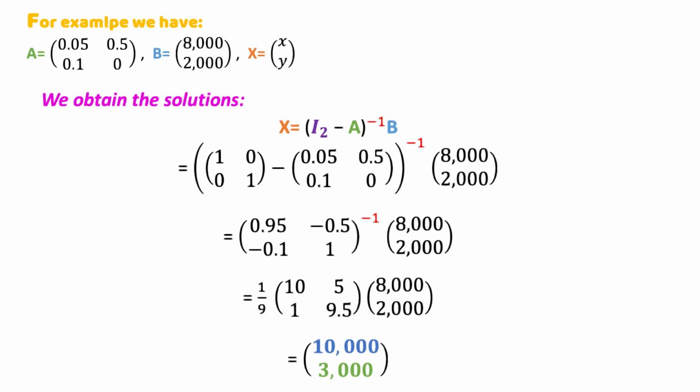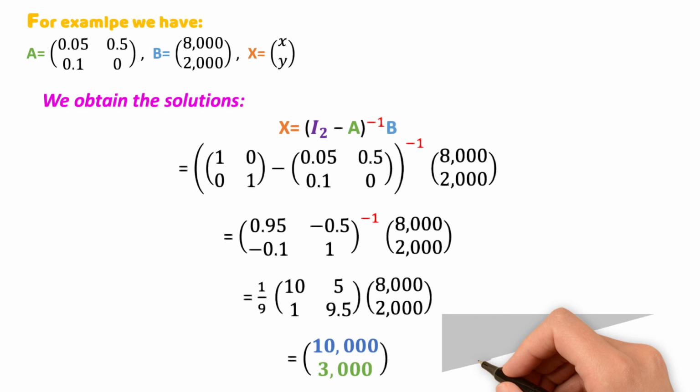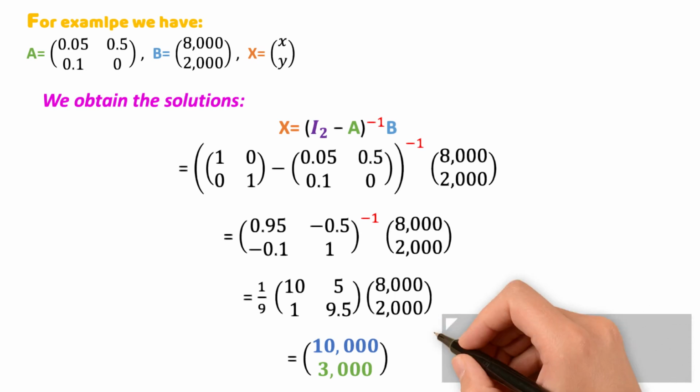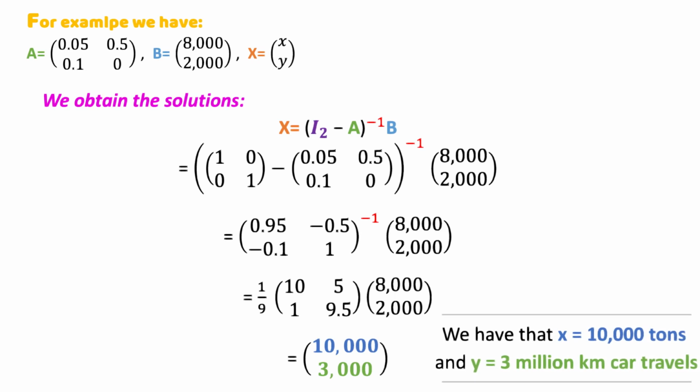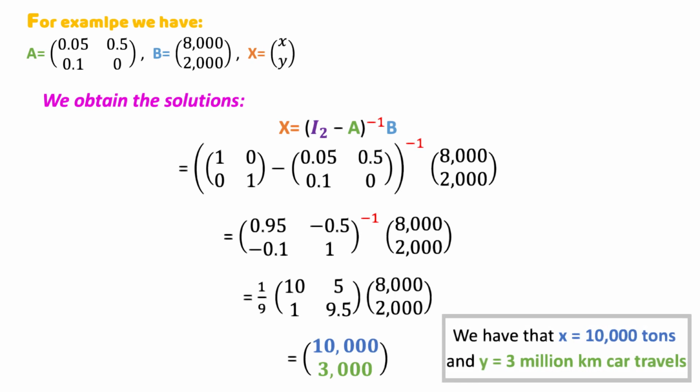That is because, at the beginning, we stated in the equations that it was going to be measured in thousands of kilometers that the car travels. So when we get 3,000, we just have to multiply 3,000 by 1,000 and we get 3 million.